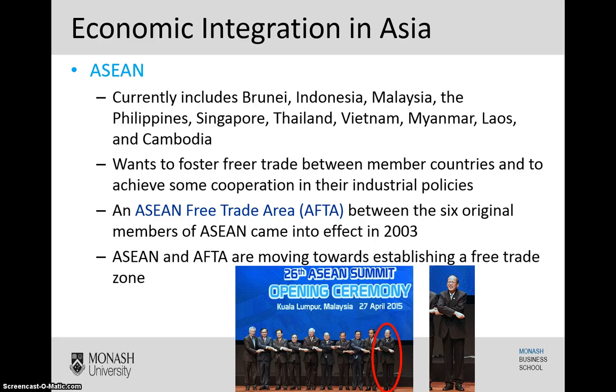An ASEAN free trade area between the six original members came into effect in 2003 with talks of expansion happening there too. ASEAN and AFTA are certainly moving towards establishing a free trade zone, so that first level of economic integration that we spoke about earlier in the videos this week, moving beyond just an agreement into an actual established trading bloc.